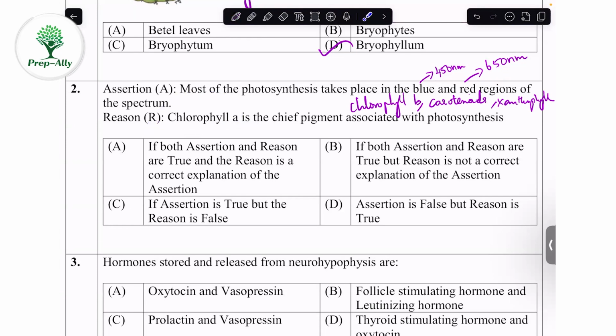It's a necessary pigment for photosynthesis to happen. Chlorophyll B, carotenoids and xanthophyll are accessory pigments. So the reason is also correct.